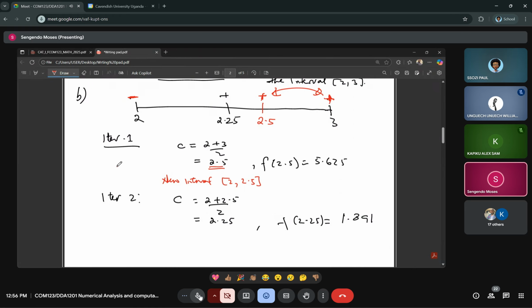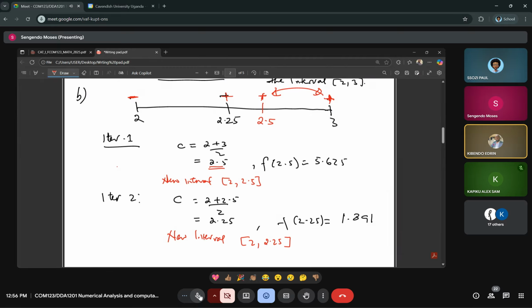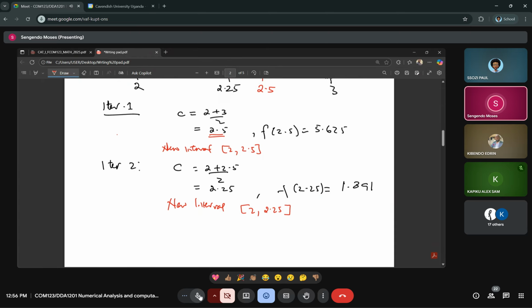I'm back. Okay. Right. So 2.25 is there. This is a positive value, and that means the new interval now becomes 2.25 and 2.5. Now we go to the third iteration.